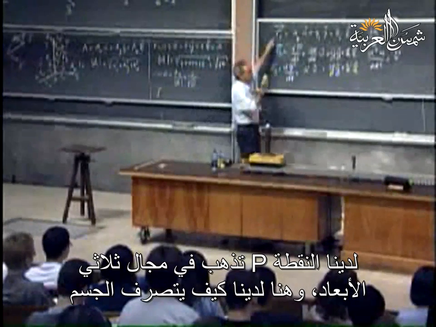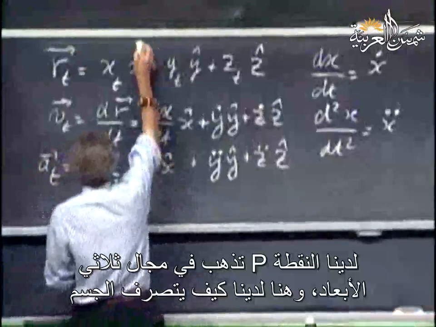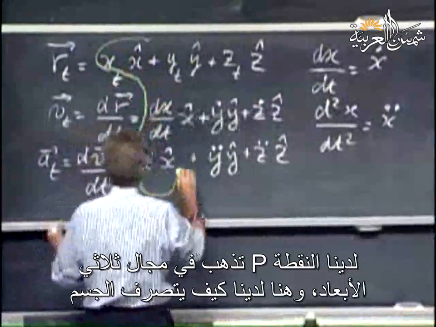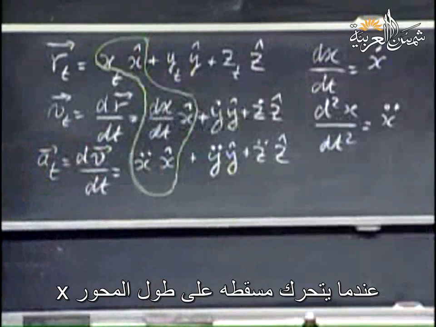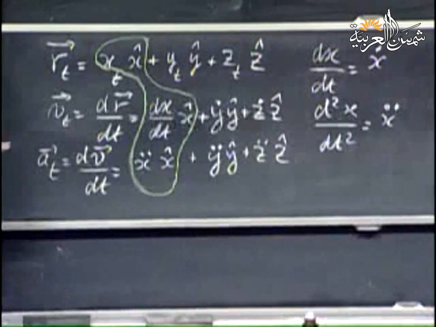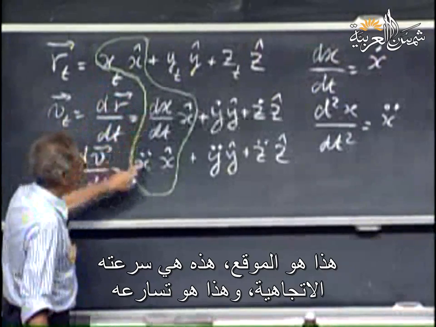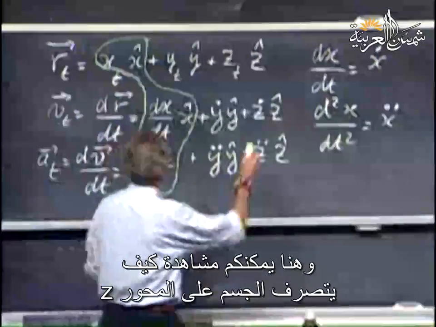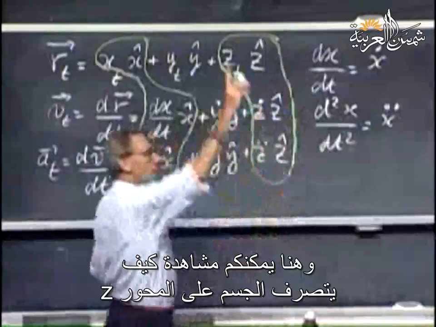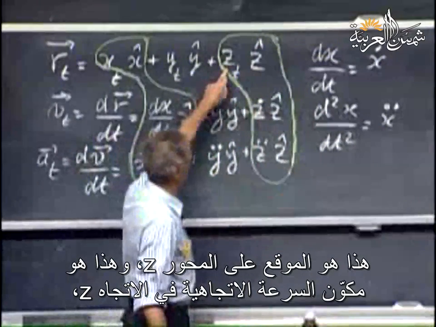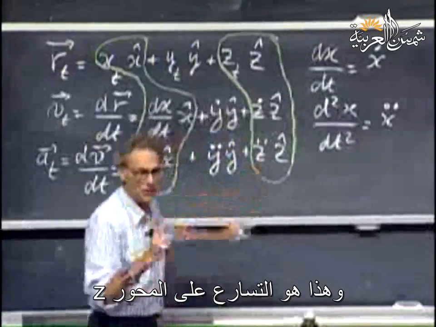We have a point P going in three-dimensional space. And here we have the entire behavior of the object as it moves, its projection along the x-axis. This is the position, this is its velocity, and this is its acceleration. And here you see the entire behavior on the z-axis: the position, the velocity component in the z-direction, and the acceleration in the z-axis.